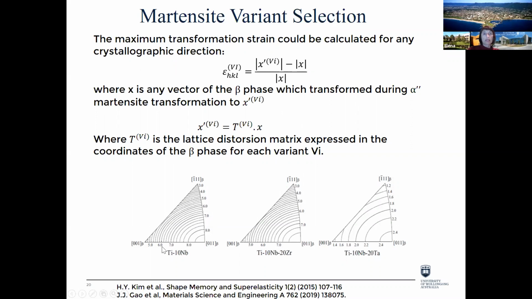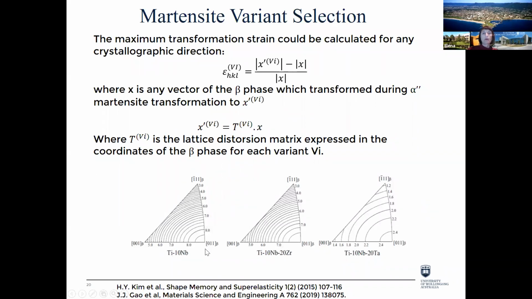This work was done by Kim and Gao, for example, and we can see that we could produce these maps for any direction in the polycrystalline material, independent of the composition, whether it's titanium 10 niobium, titanium niobium zirconium, or titanium niobium tantalum. The maximum transformation strain will be for orientations near 011 beta.